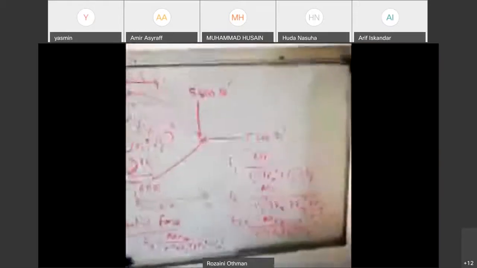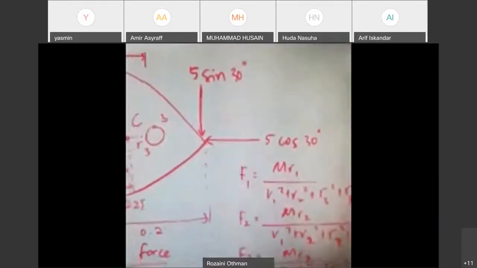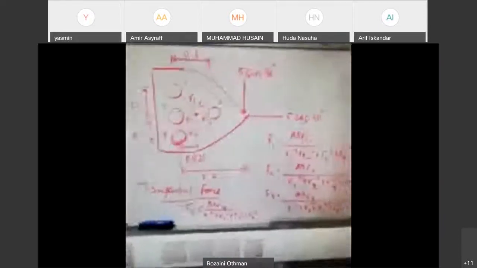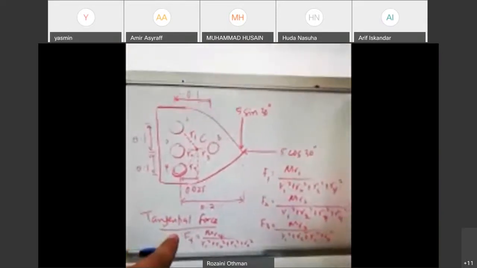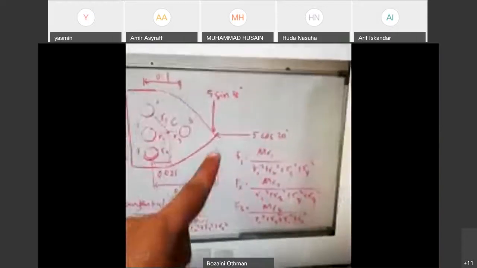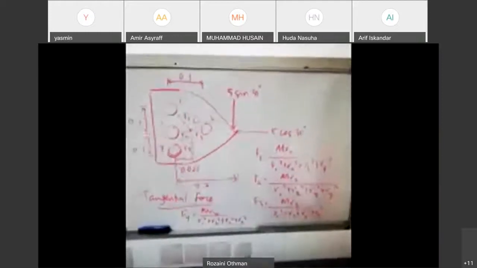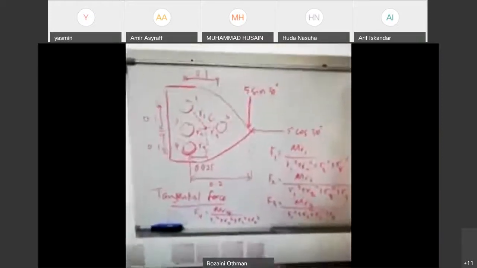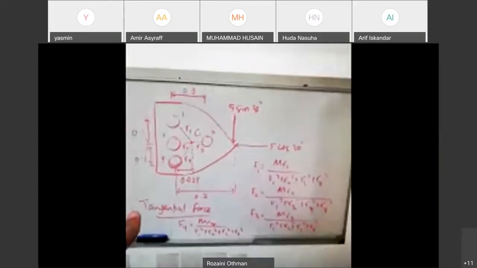Because of these forces, we have two in Y and X, so we determine the value of direct shear force for X and also Y. So we have two forces of direct shear force. Now we determine the tangential force. Please remember this formula.